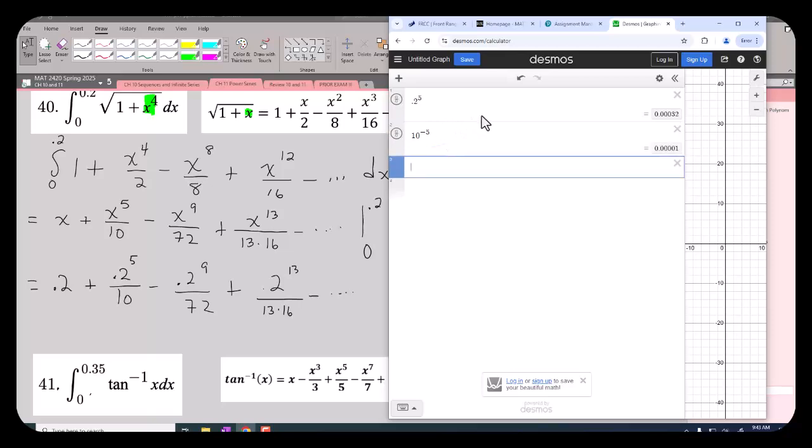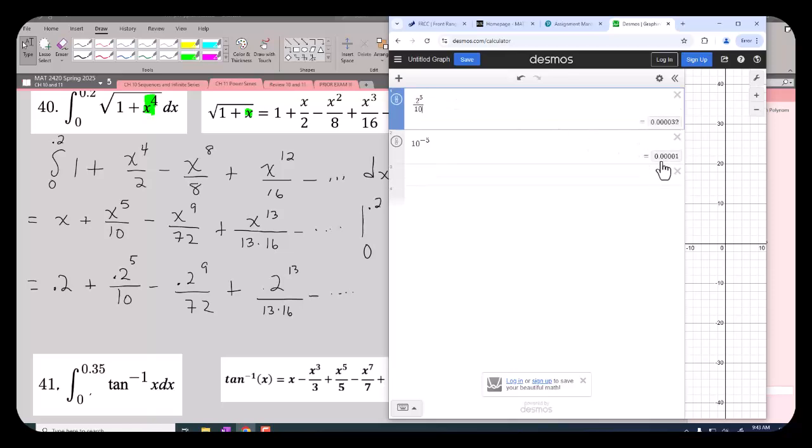It's easier to compare it that way. So we need to be less than that, we're not. So then it's 0.2 to the 5 divided by 10 actually, right? Is that less than that? 1, 2, 3, 4 decimals, 1, 2, nope, not quite. So most likely it's going to be this term, 0.2 to the 9 divided by 72, just for good measure.